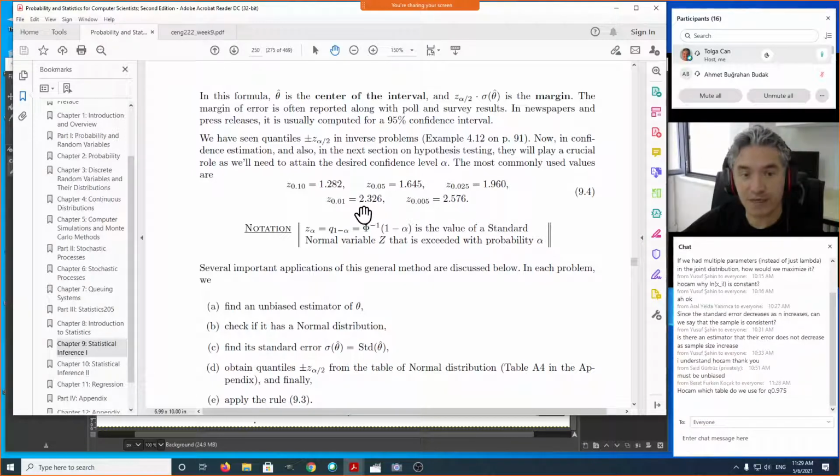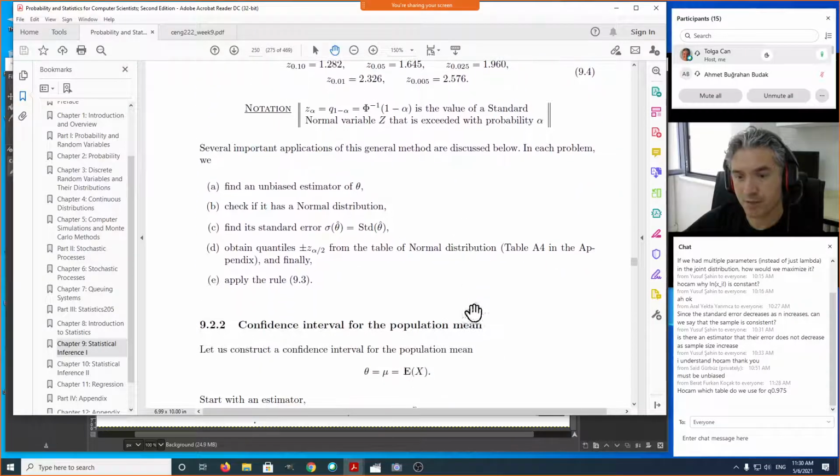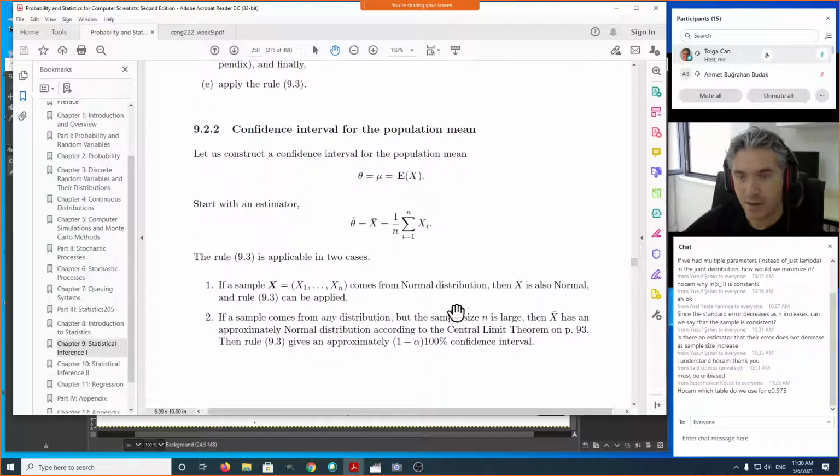If you want to get, for example, 98% confidence, this is going to be your Z value. If you want to be 99% confident, this is going to be your Z value. And these will be the standard ones. All these quantiles come from the standard normal table. All right, I hope it's clear.